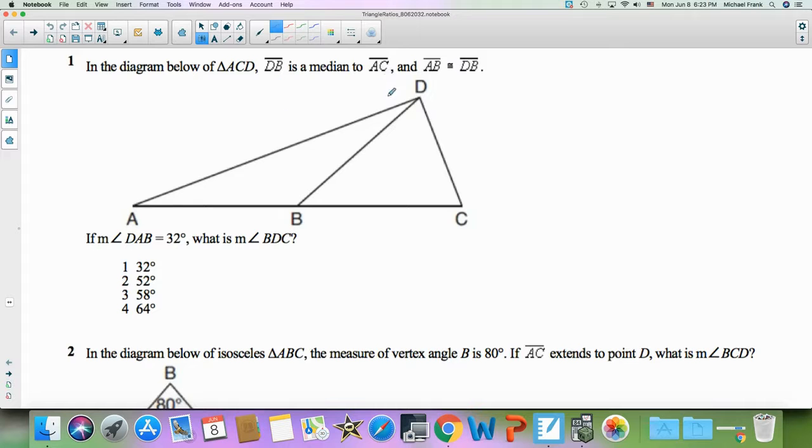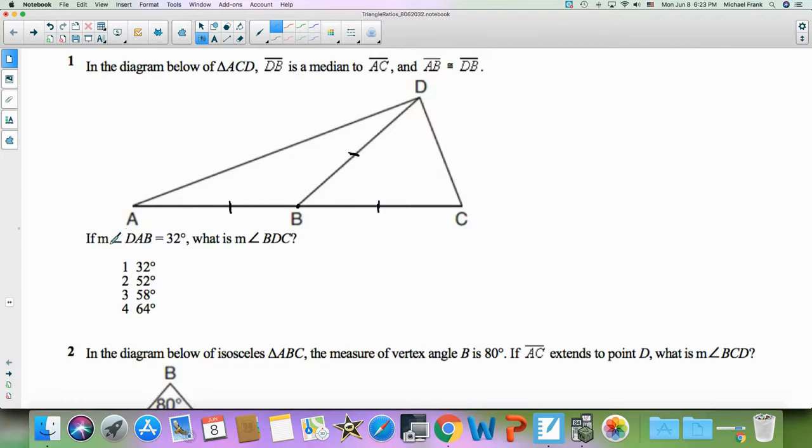If DB is a median, that means that B is going to be right in the middle of AC, which means that AB will be equal to BC. And here it also says that AB is equal to BD. Okay, that's going to be helpful in this problem.